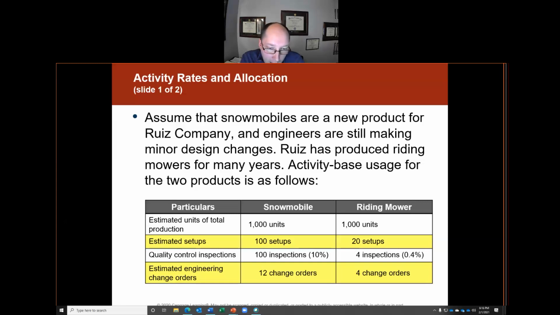We also expect we're going to complete 100 quality control inspections, that's breaking it down and reassembling it, 100 times for the snowmobiles throughout the year, and 4 times for our riding lawnmowers. We also expect that we will modify the design of our snowmobiles 12 different times throughout the year. Small changes. And then we'll also modify our design 4 times a year for the riding lawnmowers.